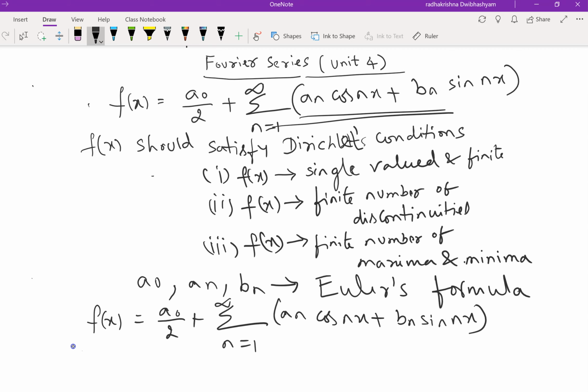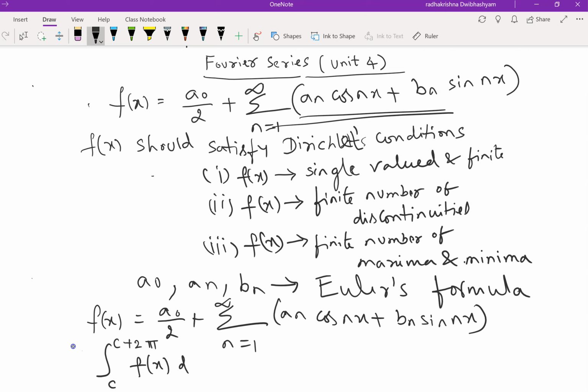nx, right? Now let us integrate this function on both sides with respect to x under the limits c to c plus 2 pi. Let us take the general limits c to c plus 2 pi.